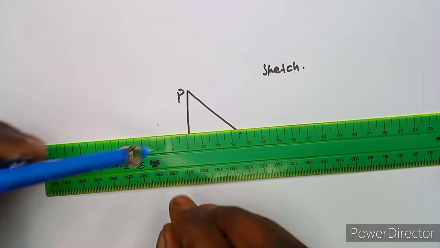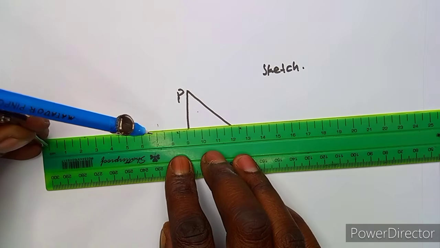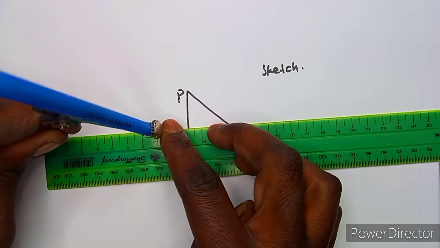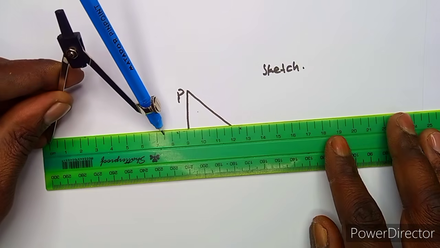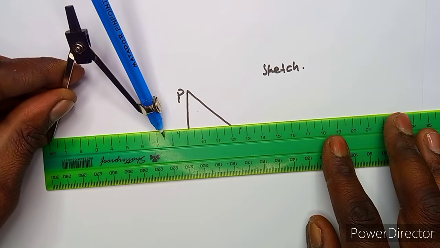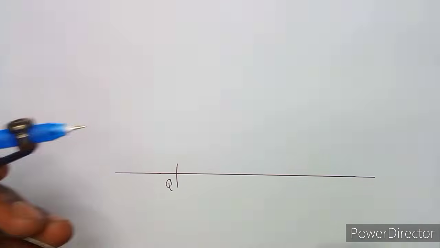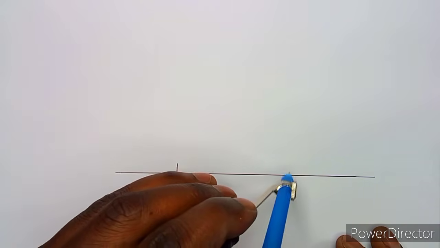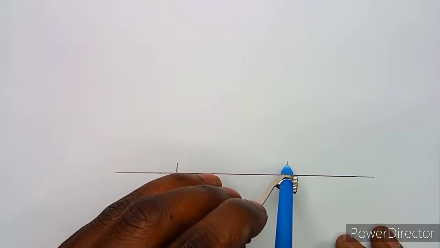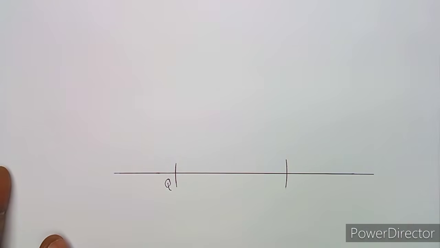So you just make sure that you measure a little bit properly, guys, so that you don't have any challenge. I want you to see, and I'm also explaining this, that this is how it's supposed to be. Okay, and I think, guys, this part we are now used to it, but I just want to make all of us understand what is happening here. So pardon me, guys, for this question, because I want us all to understand what's happening here. All right, so this is going to be our point R.